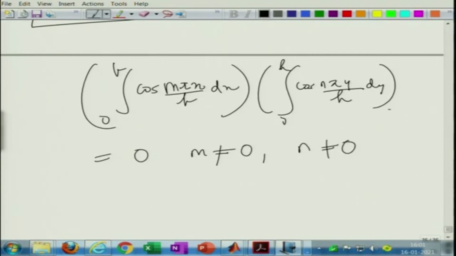Even if one quantity is non-zero, we will have these integrals be 0. It is fairly straightforward to do the integration and verify for ourselves, but in case m is 0 and n is 0, we will just get dx and dy, so basically we are going to get b times h.